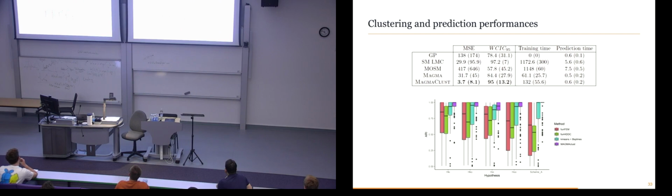I stopped at just 50 tasks and 30 data points, and it was already exploding. With the first approach compared to a simple GP, we have almost an order of magnitude less error. And in the case of a group-structured data set, we again decrease the error by an order of magnitude.